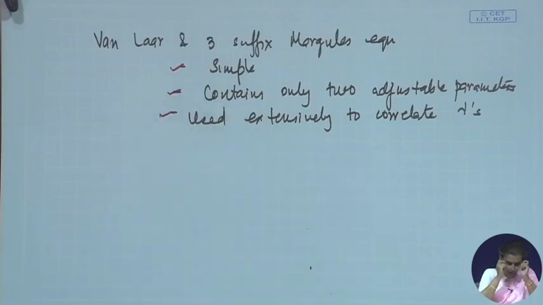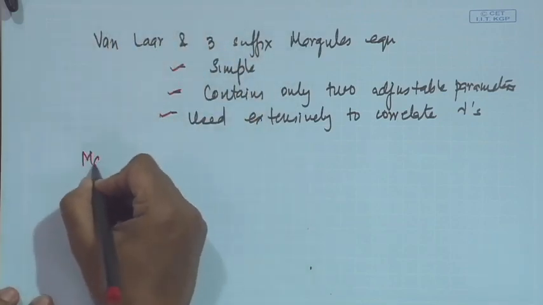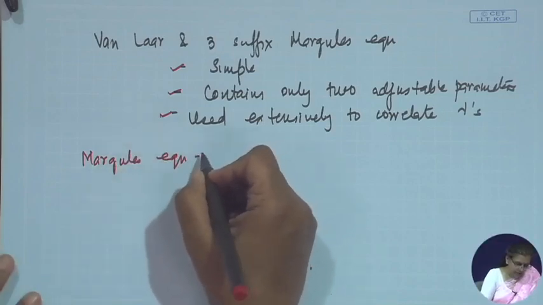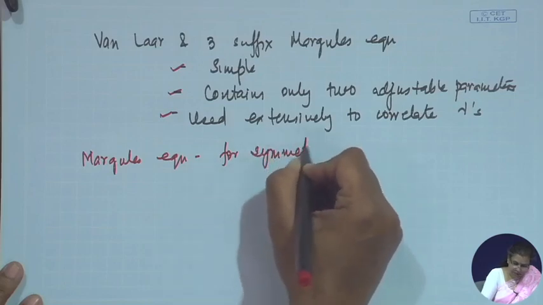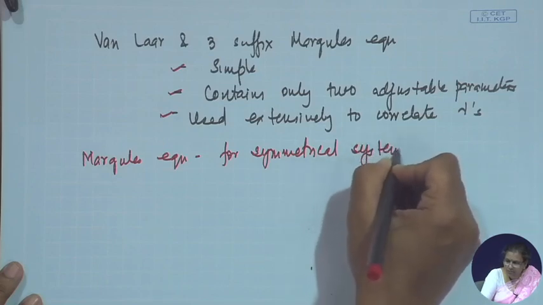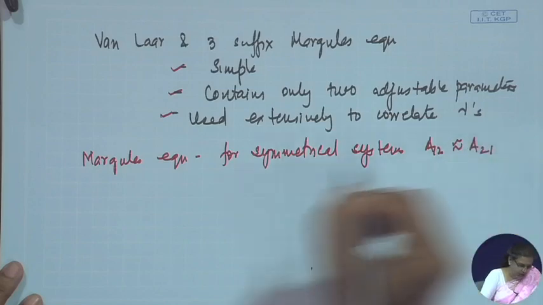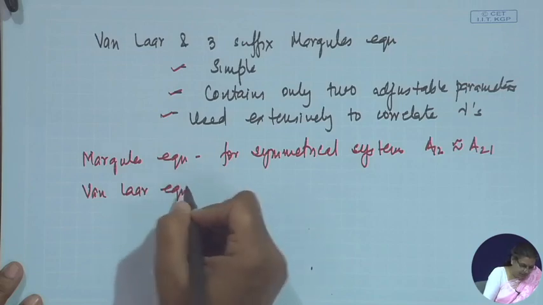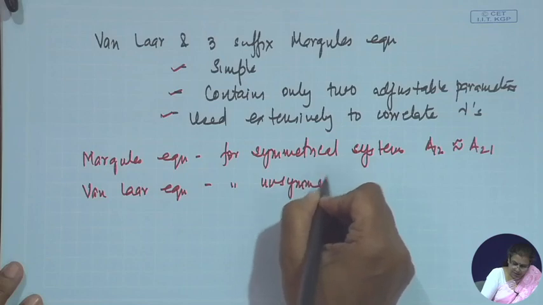Now, among these two, it is important for you to remember that the Margules equation is usually used for symmetrical systems, when A12 is almost equal to A21, and the Van Laar equation is usually used for unsymmetrical systems.